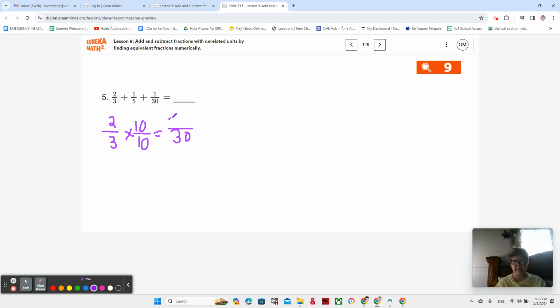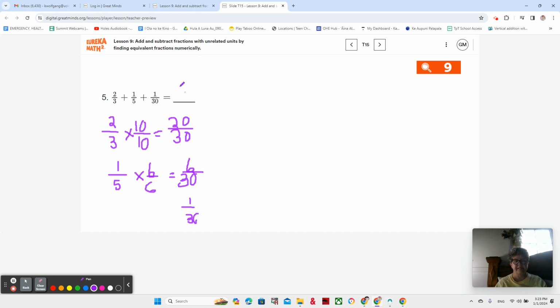So that would be 20/30ths. And 1/5 times what equals 30ths? Times 6. 6 times 5 is 30. So 1 times 6 is 6. And 1/30 is already 30ths. And then I just need to add them all together.